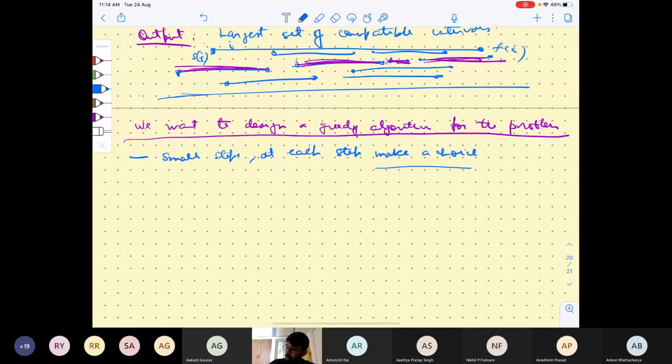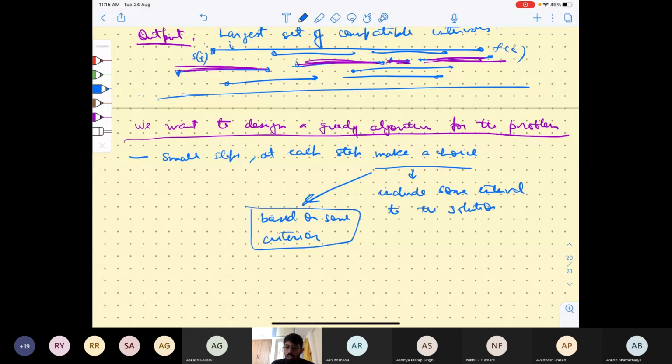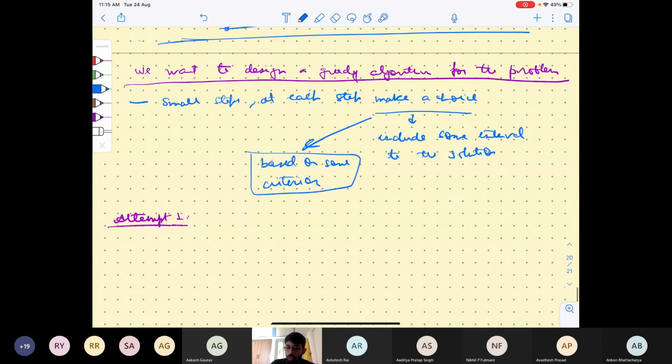Here, what is going to be the choice? Include some interval in the solution. This choice will be based on some criteria, and this is the criteria that will differentiate different algorithms. So let's look at some criteria and see how they work.